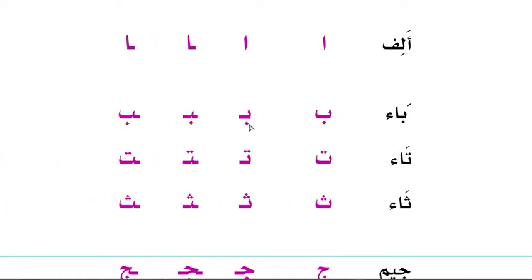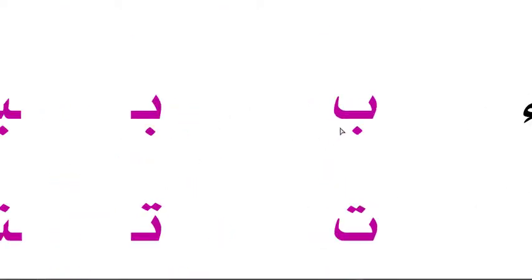We don't change the complete letter, we just cut a little bit of the letter in order to be ready to connect with the letter before it or after it. But we keep the major shape of the letter. If I zoom here, see the ba letter, see the shape, yes, still the same.